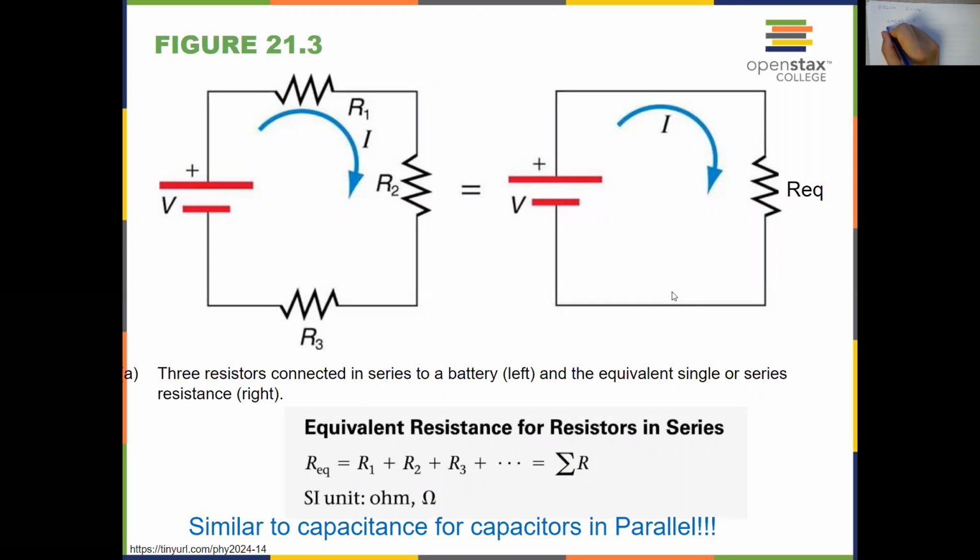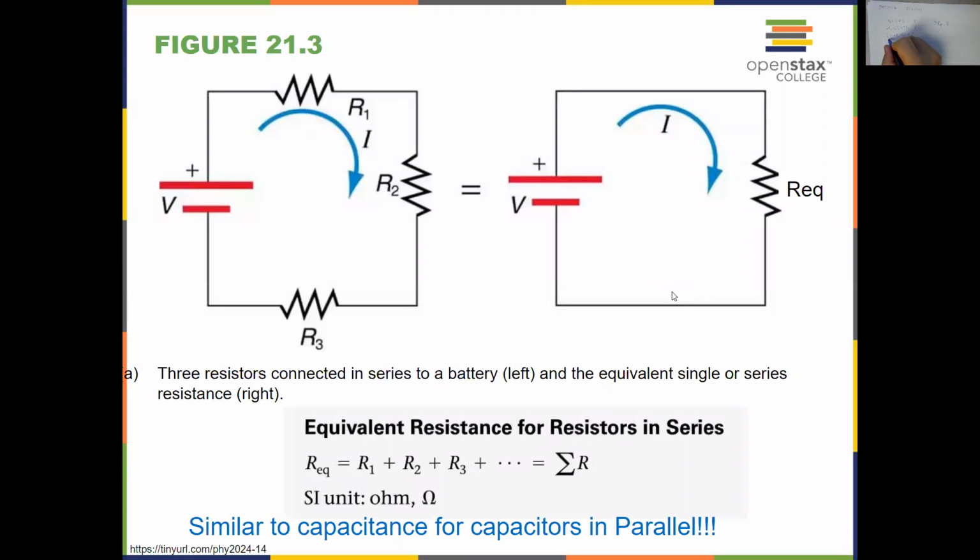V1, according to Ohm's law, should be I times R1, plus V2 is I times R2, plus V3 is I times R3, and that equals V. I is the same because they are in series, so you can single out I times (R1 plus R2 plus R3) equals V. Now in figure B, I again times R equivalent should be equal to the voltage of the battery.